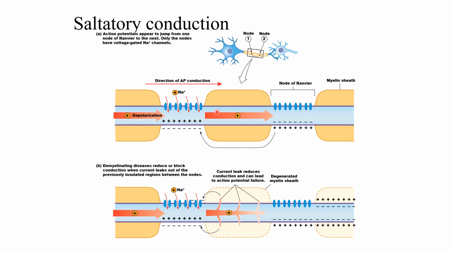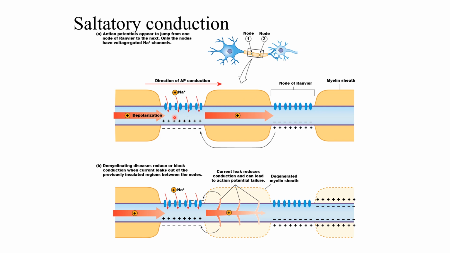And you might wonder, how come those positive charges, when they're running down the axon, are not leaking out and causing that action potential to lose its strength? The reason those positive charges are not leaking out is that the myelin sheath is acting as an insulator, preventing those positive charges from leaking out.